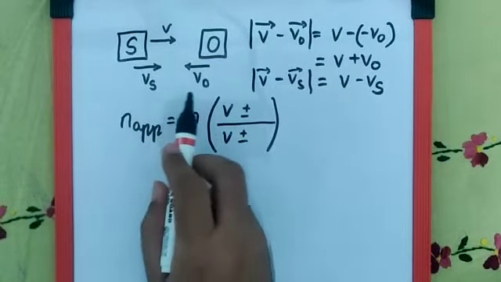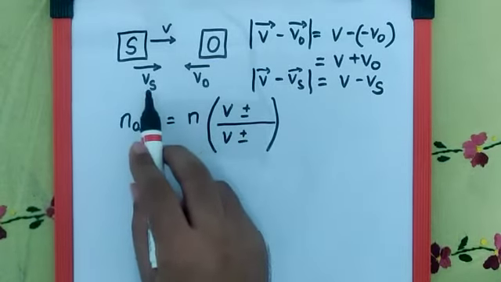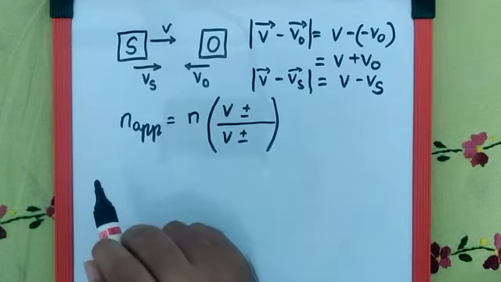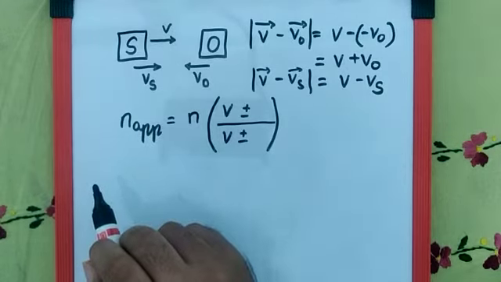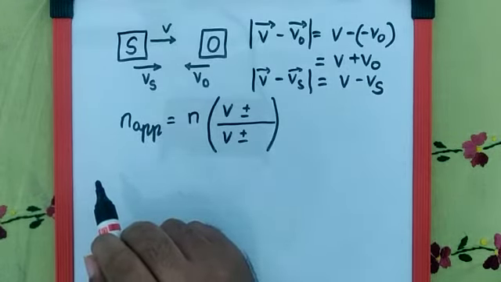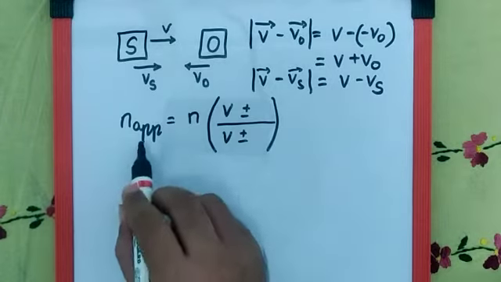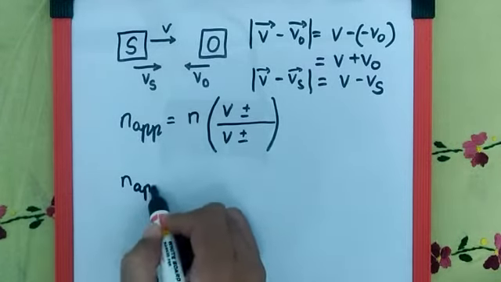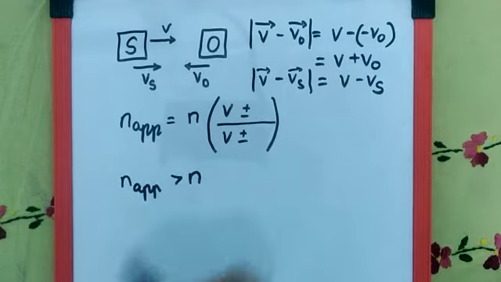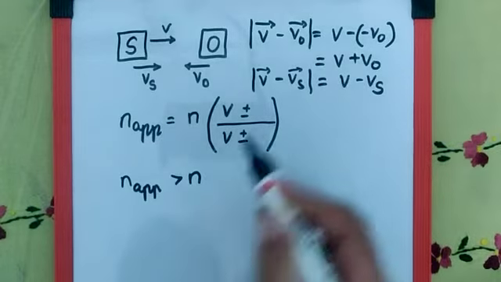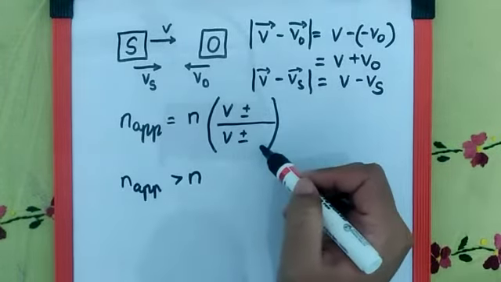When the source and observer are moving towards each other, the frequency which you will hear will be more than the actual frequency of the source of sound, which means the N apparent should be greater than N, and that means this ratio should be greater than 1.